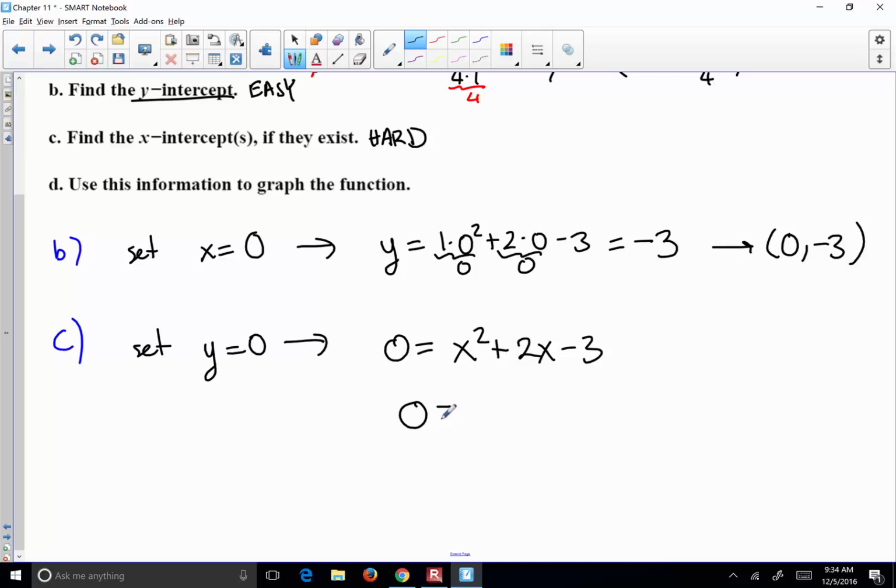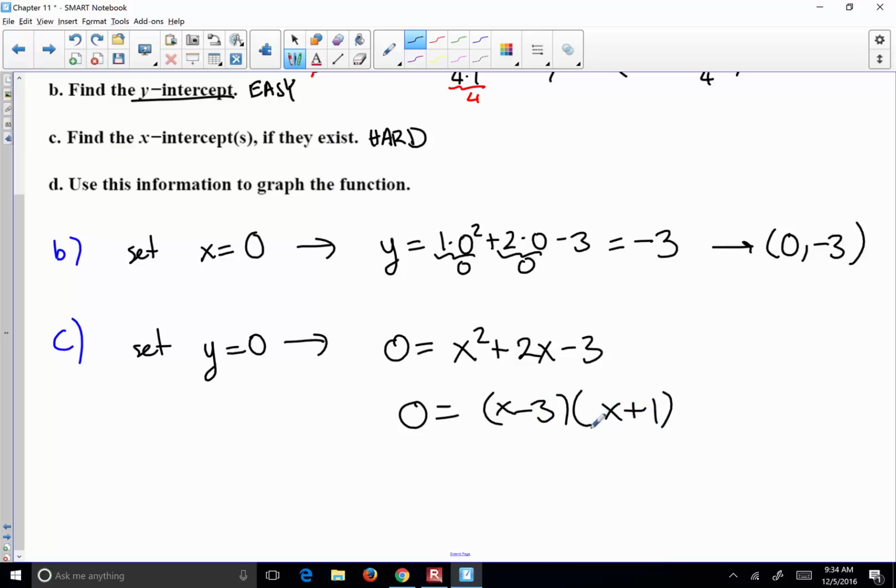If it works, factoring is the best option here because it's fast. If you can factor this and set each into 0. Can I factor this though? What two numbers multiply into -3 and add to +2? 3 and 1. What's that? -3 and 1.